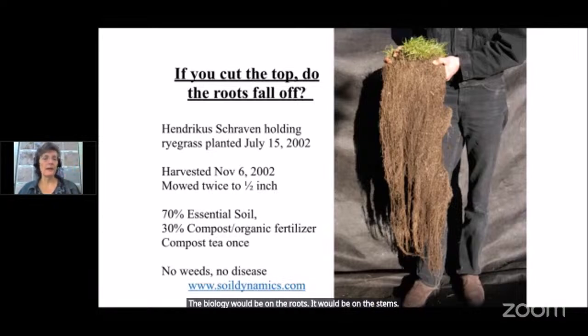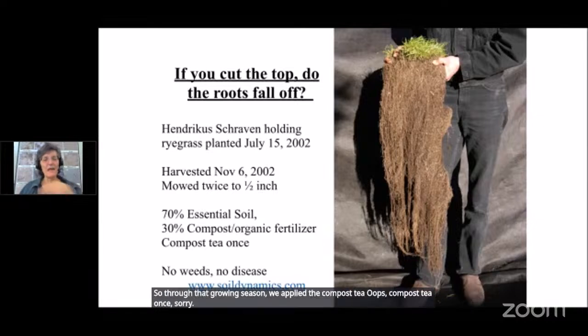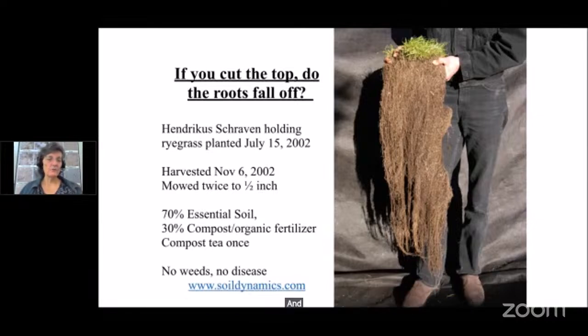You're protecting your plant. Diseases are not to be worried about. So through that growing season, we applied the compost tea once. And then on November 6th, we took a 10-inch diameter PVC pipe, pounded it into the ground.